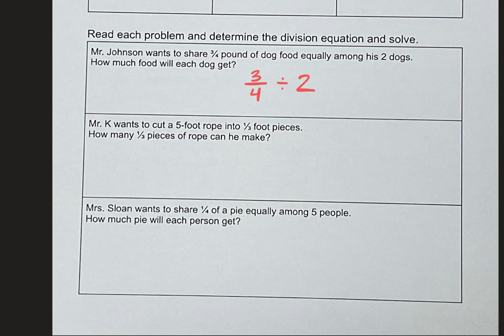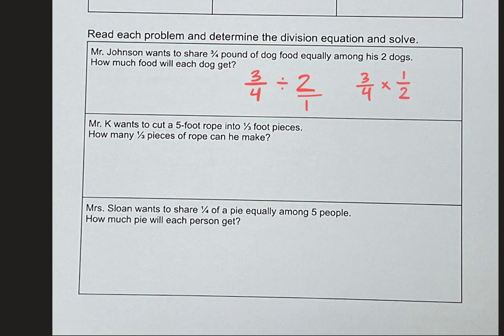But remember that if we have a whole number 2 here, the way to show that as a fraction would be 2/1. So we would have that as 2/1 instead of just 2. Then you would leave 3/4 the same. You change the sign from division to multiplication, and then you flip the fraction.